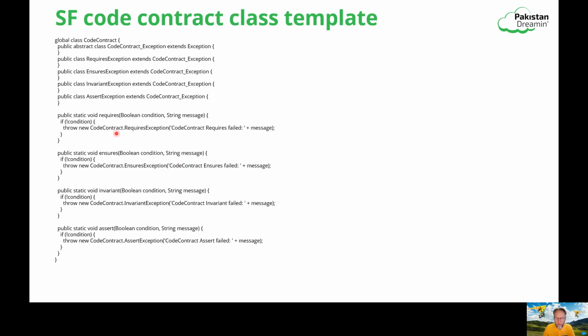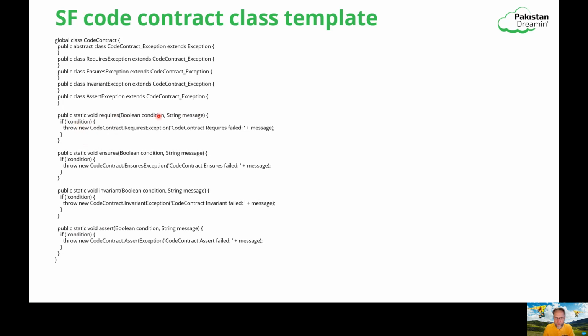what type of contract failure has happened. So let's have a look at how one of them is structured. We'll look at the requires. Basically, you pass in a condition and a string. The condition is the one to check if it's true, and the string is what is going to be used in your exception raised, which describes the contract condition that will have failed if this exception is raised.